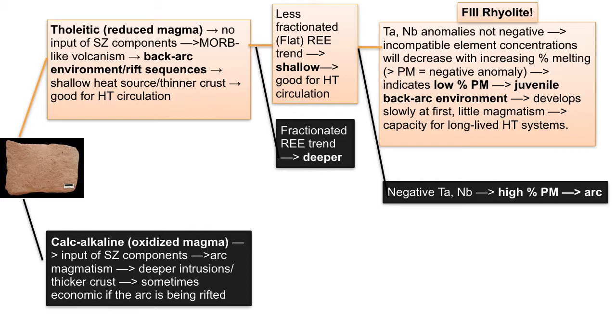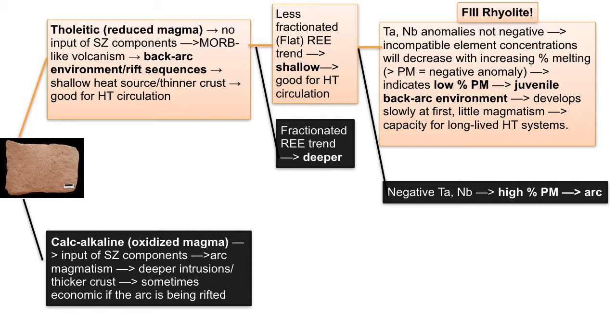And this is a little diagram I made. Here's a diagram I created to sum up the thought process you can use when you see a rhyolite and want to understand if that rhyolite might have formed in the same environment which commonly forms VMS systems. So a rhyolite can either be tholeiitic or calc-alkaline.